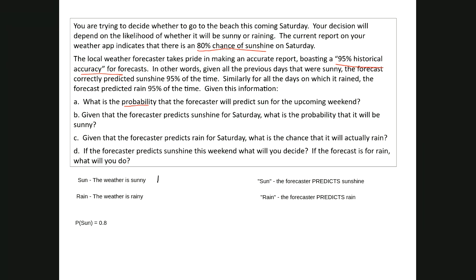And by deduction, the probability that there's actually rain on Saturday is 1 minus that, the complement, because there's only one other event, and it has to be either sunny or rainy. There's no hail, there's no tornado or hurricane. There's only one of 2 outcomes. So this probability has to be 0.2.